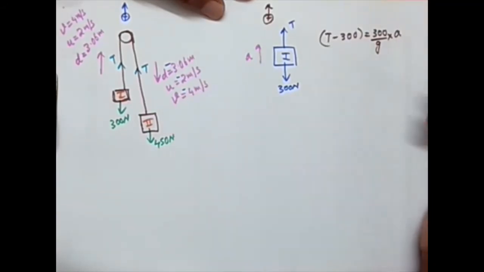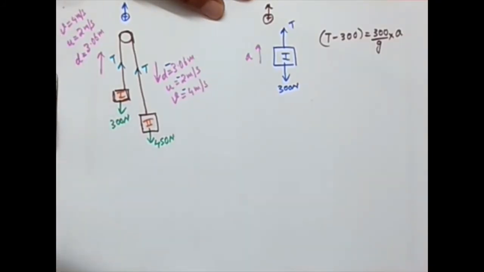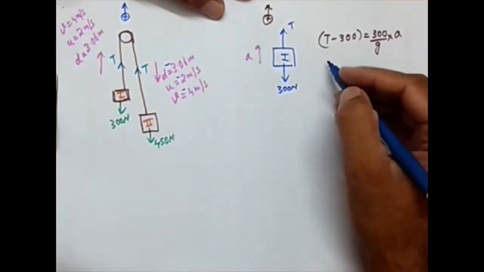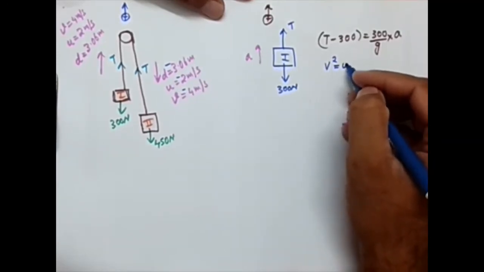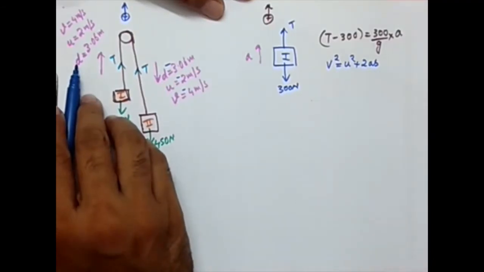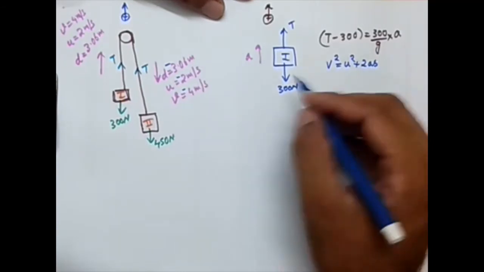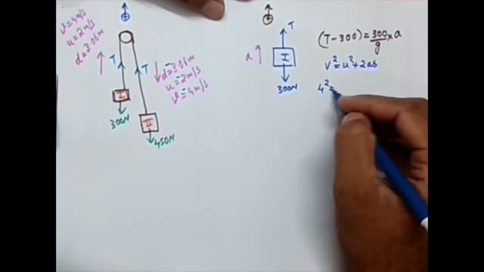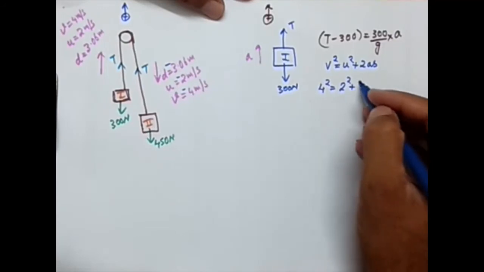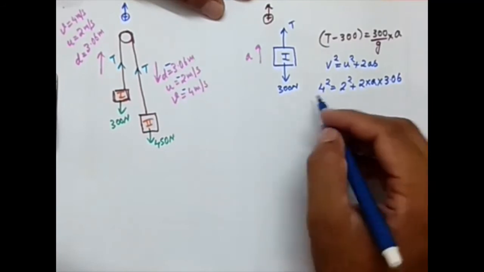Now how to find A? We have the basic equations of motion. What are the parameters that are known to us? We have D, we have U, we have V. So it rings a familiar equation, V square equal to U square plus 2AS. The value of S is available, 3.06. U is available, V is available. I can calculate the value of A. So I can write 4 square is equal to 2 square plus 2 into A into 3.06.